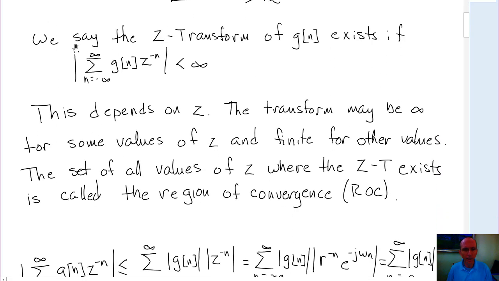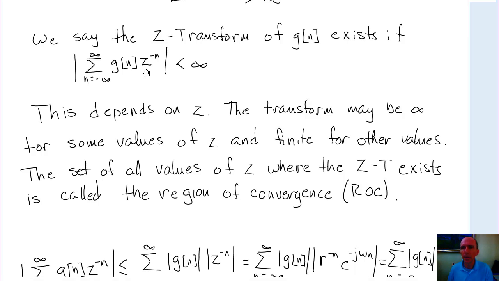And so we say that the Z-transform of g of n exists if the summation is not infinite. This summation depends on the sequence we're calculating, but it also depends on z. So for some values of z it may be finite, and for other values of z it may be infinite.